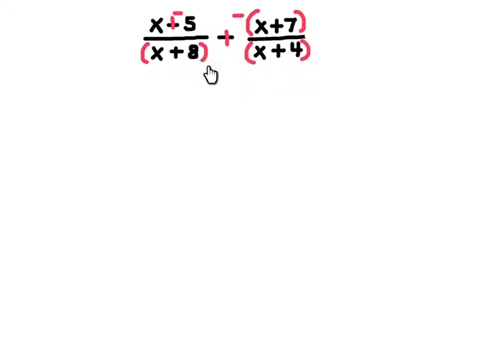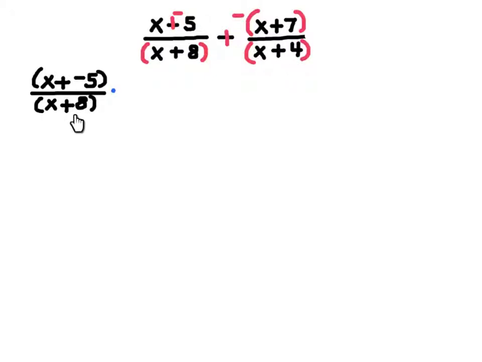So I start by moving our expression up, and let's write our first rational expression, which is x plus a negative 5, and we'll put that in parentheses, over x plus 8, and here our least common multiple will be x plus 8 times x plus 4.